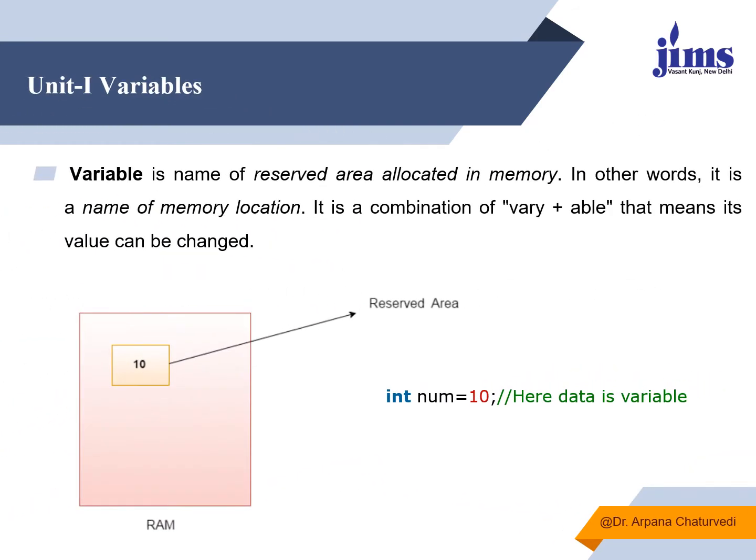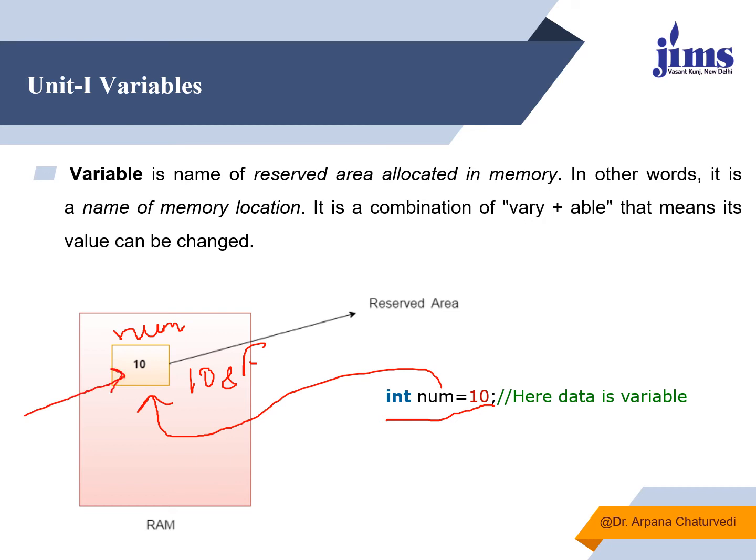So here is an example where I have just shown you that suppose this is a RAM and we have declared a variable in this way, int num = 10;. So this num will be holding 2 bytes of space in the memory, and the name of this location will be num, and it has some memory address also, let's say 108F, and the value stored inside it is 10.